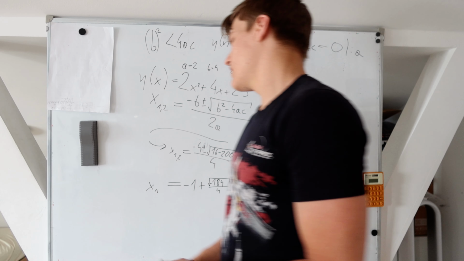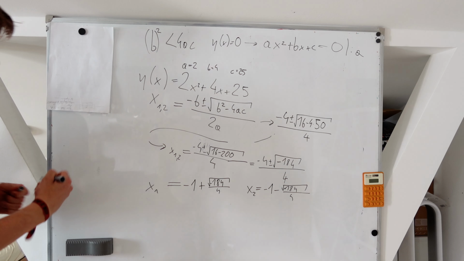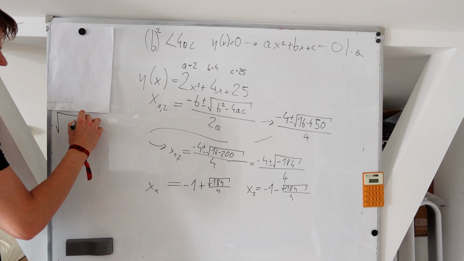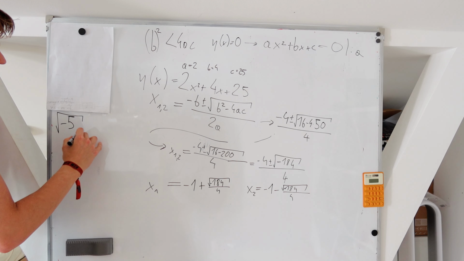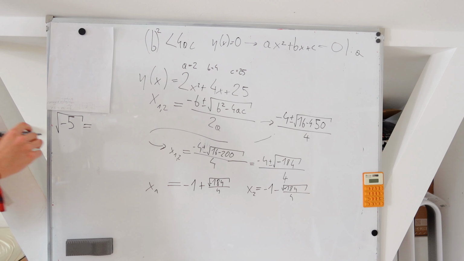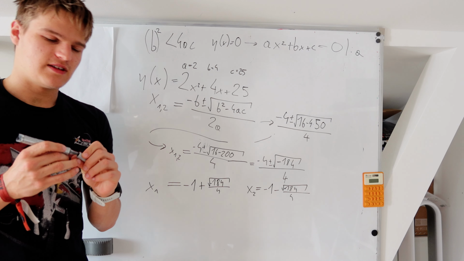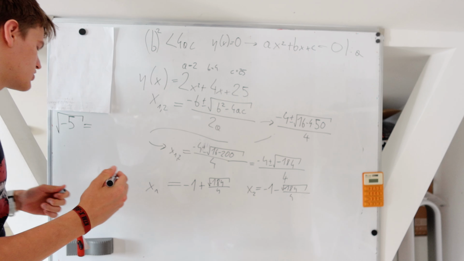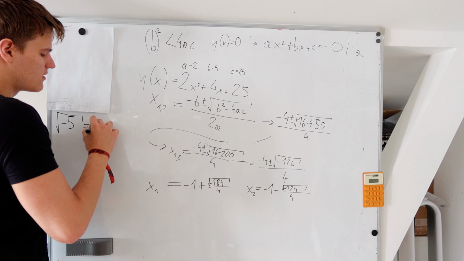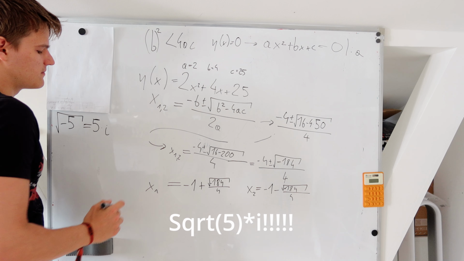So let's say negative 5. And this is an important concept in math. The square root of negative 5 has been defined by mathematicians as square root of 5 times i.